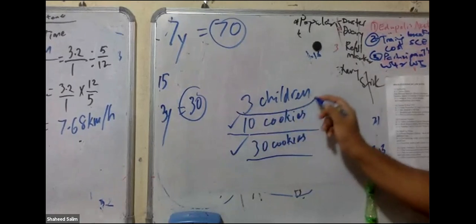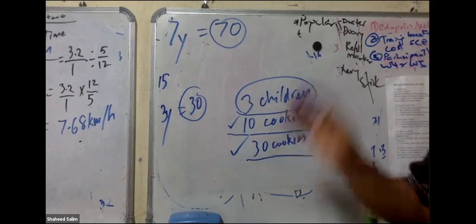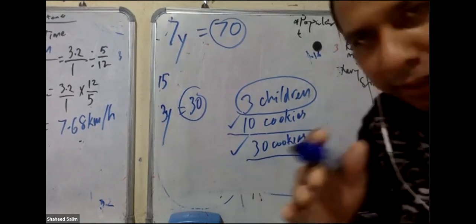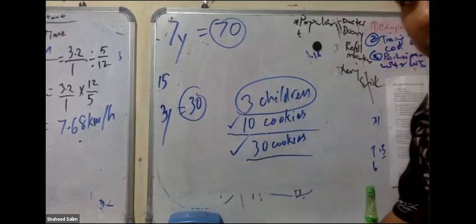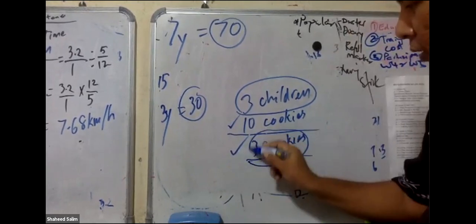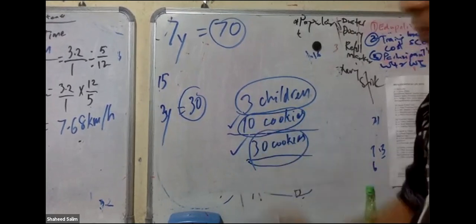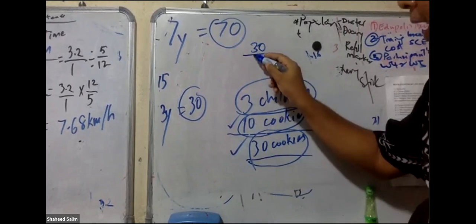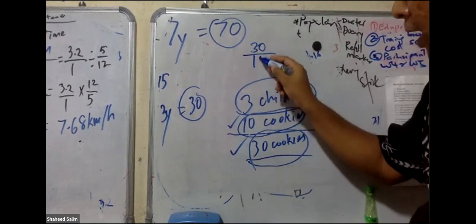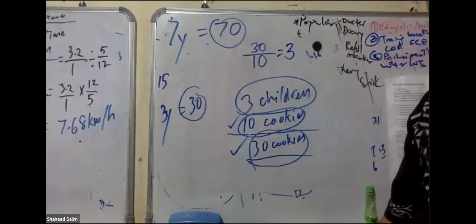How to know there are 3 children in the family? Using these numbers, don't look at the question paper. How to get it? Very simple. Take the total number of cookies divided by 10 cookies per person. So take the total number of cookies divided by how many cookies each child gets. Then you get, oh, there are 3 children.